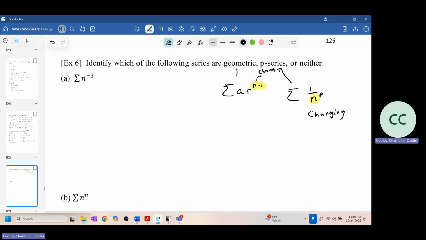Okay, so let's look at A. Notice here that the base is an n, so that means the base is always changing from sum to sum, but the -3 is set. It's always going to be -3. And so this tells me that this is a P series.